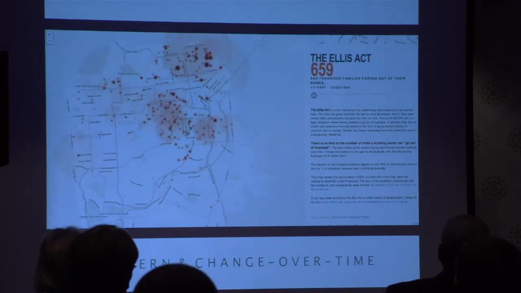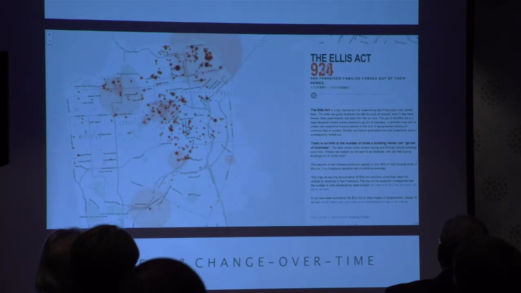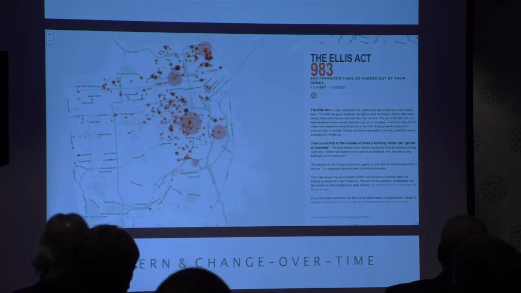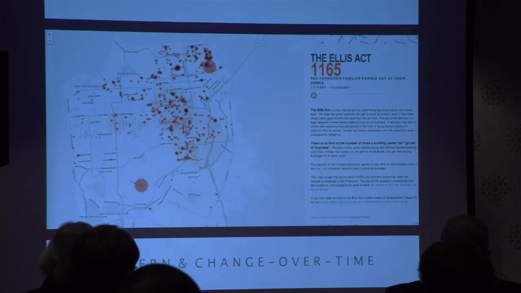So you see everybody's got a ton of money and sleazy landlords are taking advantage of this loophole to kick people out. But it's interesting to compare it to the chronology of the time because right around now you start to see it slow down a little bit because this is the dot-com bust. It's happening right after 9/11.